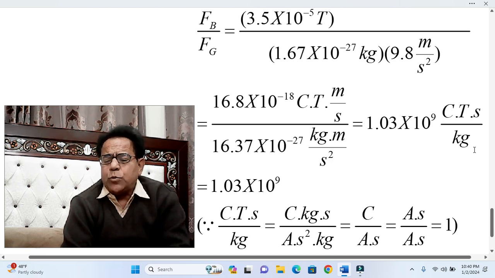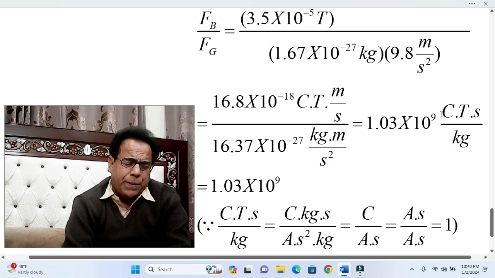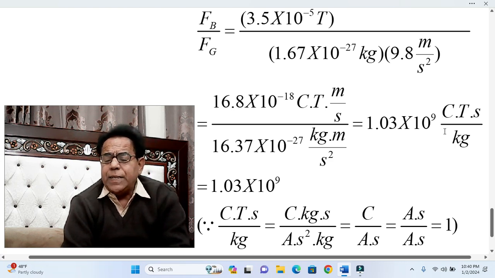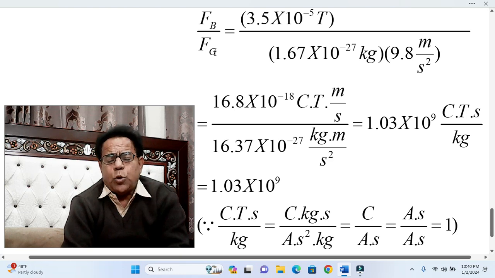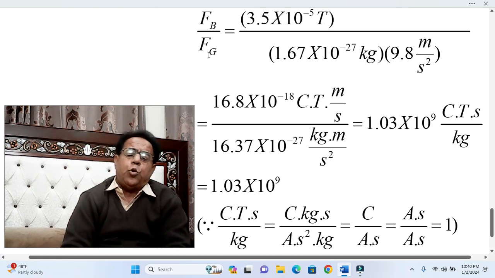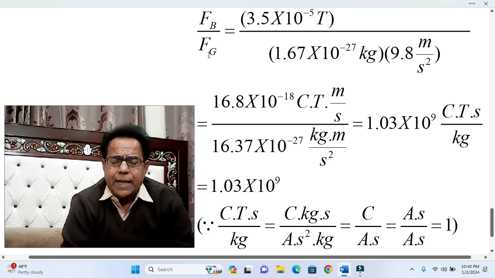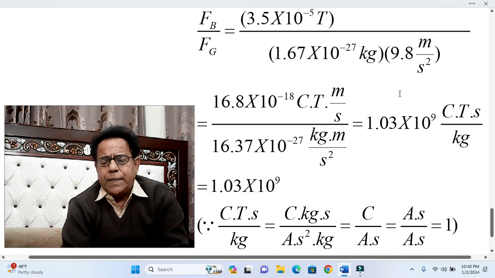We can ignore it because we know that we are dealing with the ratio of two forces and the unit of force is the same in the numerator and in the denominator, so both units cancel and the ratio comes only as a number.